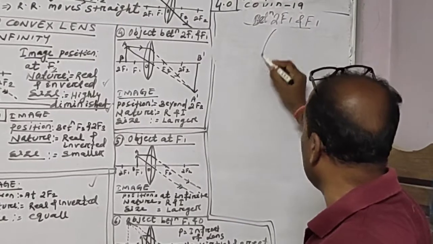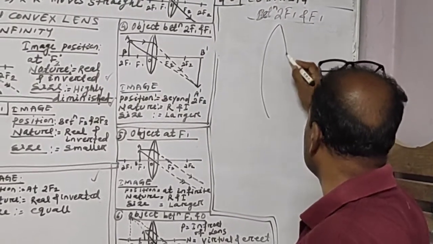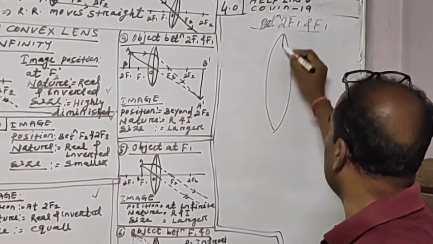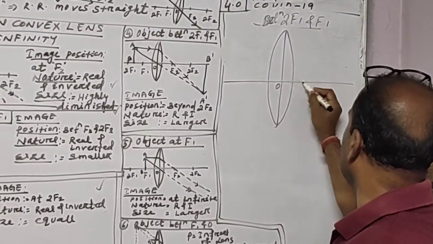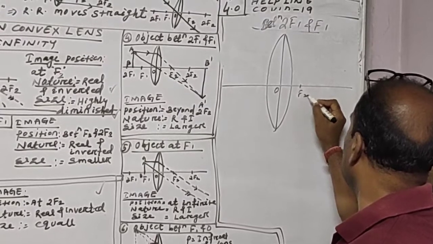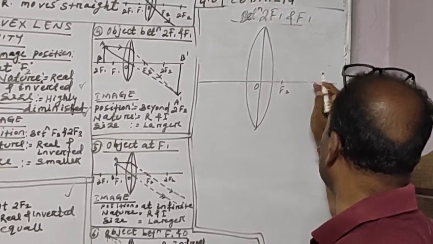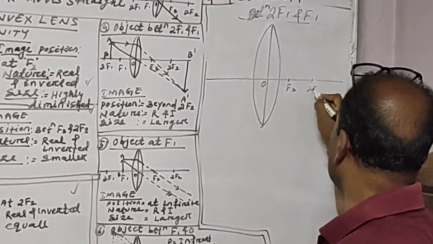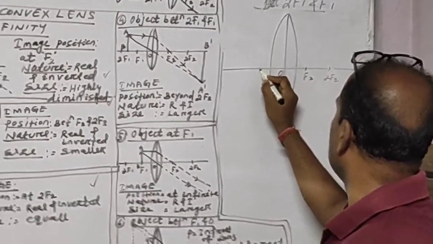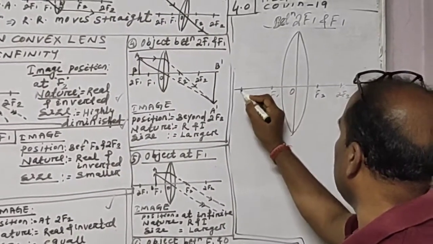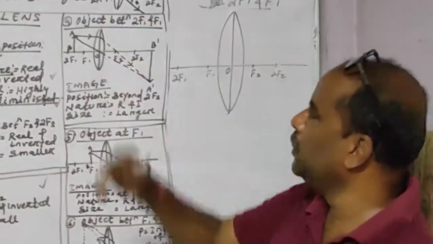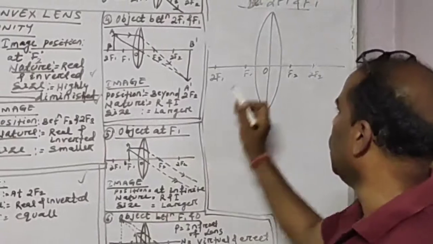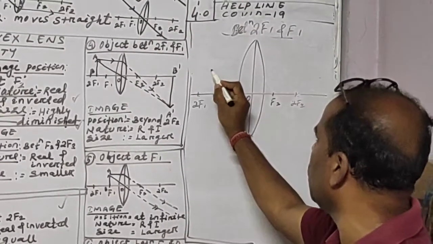So let us go for the lens. Lens, transverse, straight line, optical center, f2, 2f2, then f1, then 2f1. Now, according to the question, object between 2f1 and f1. Anywhere between 2f1 and f1 you can put the object.